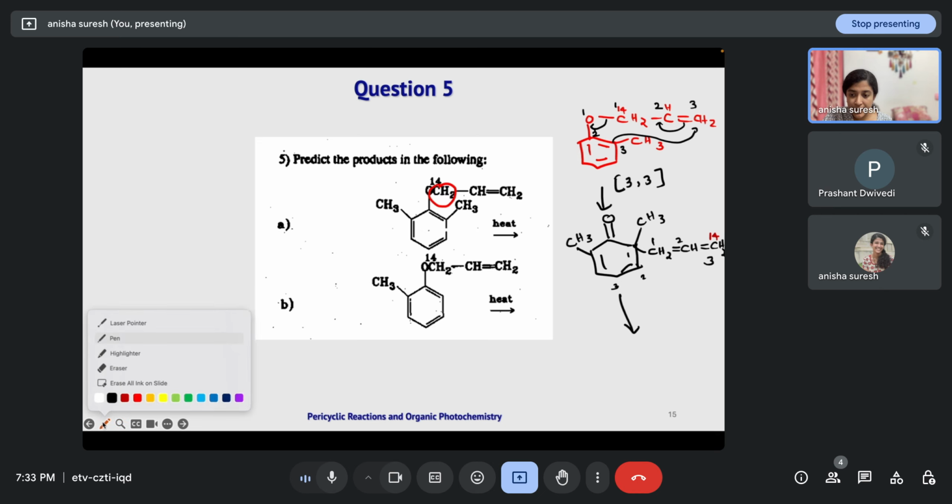I will number it with a different color, that will be better. 3, 2, 1, 1, 2, 3. So the reaction will be taking place between, one second, I have drawn one extra bond here.